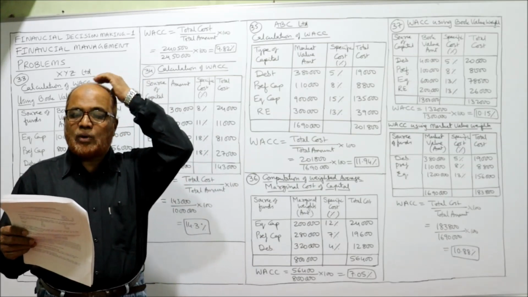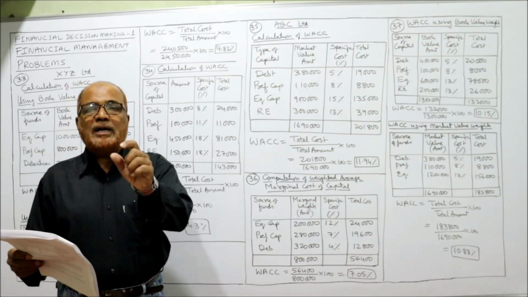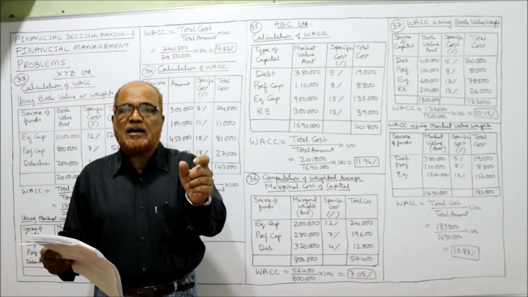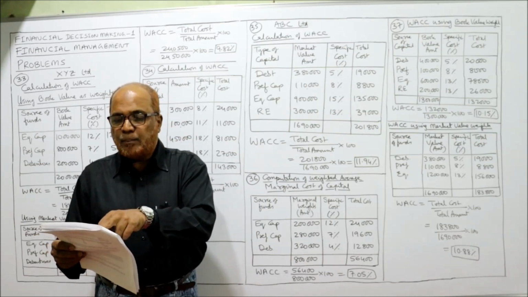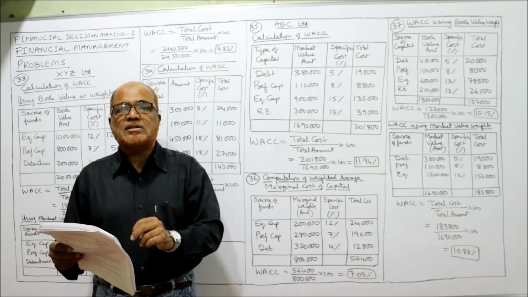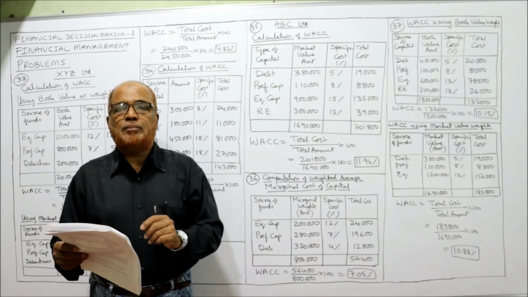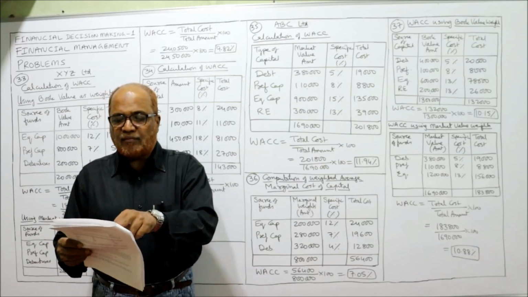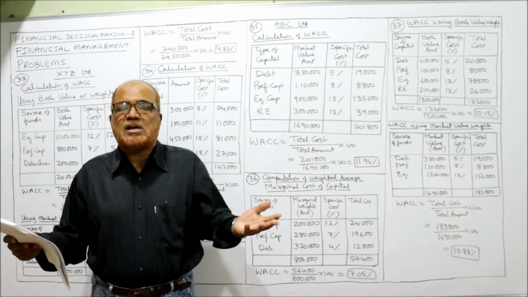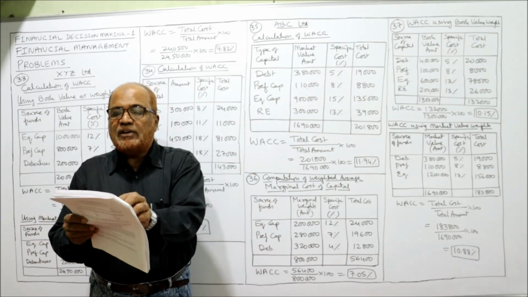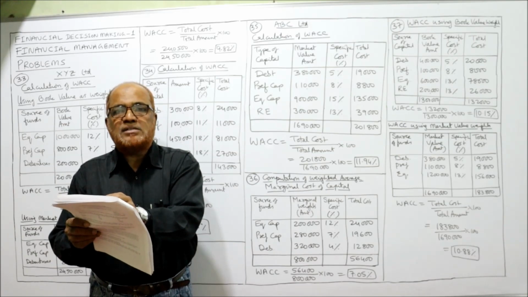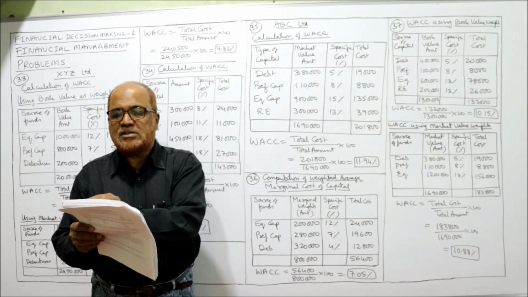As equity capital 25%, so 25% of 8 lakh, that is 2 lakh, will be raised by equity, preference share capital by 35% and debentures by 40%. If you add up 25%, 35%, 40% it is 100%. So 8 lakh rupees will be divided 25% as equity, 35% as preference and 40% as debentures.